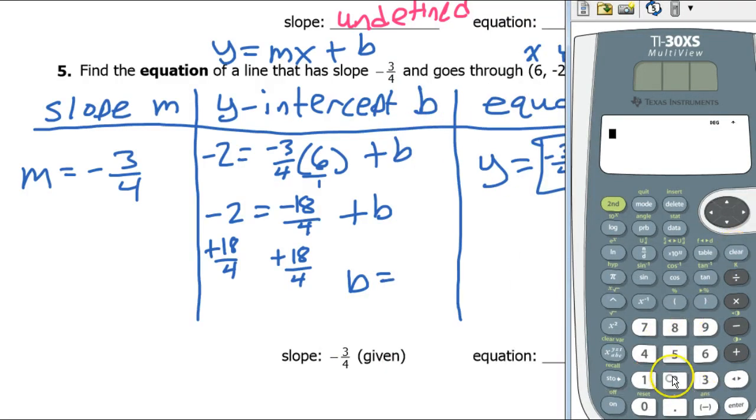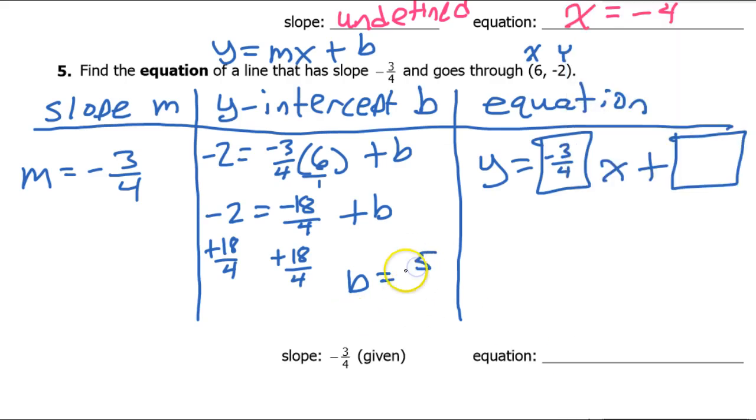So I have -2 plus 18/4. Kabam. That's 5/2. So b is 5/2. That's why the equation is y equals -3/4 x plus 5/2.